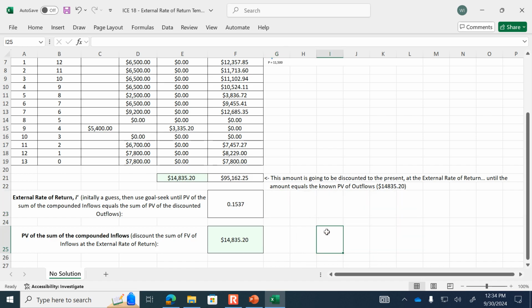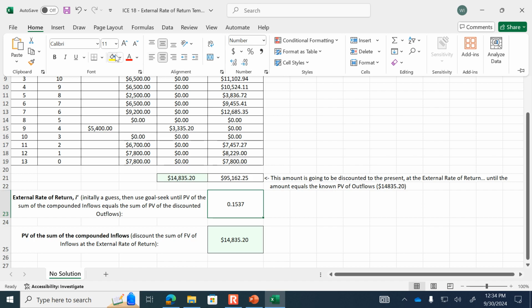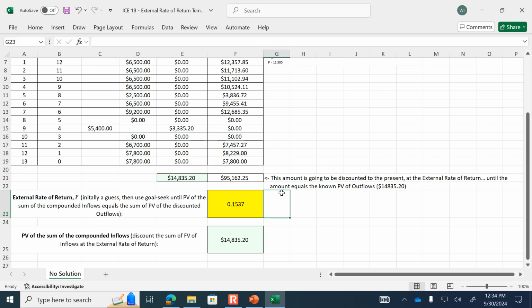All right. So this is the answer. Let me highlight this just to draw attention to the fact that it's the answer. So I'll add some additional annotations here. This is the external rate of return.